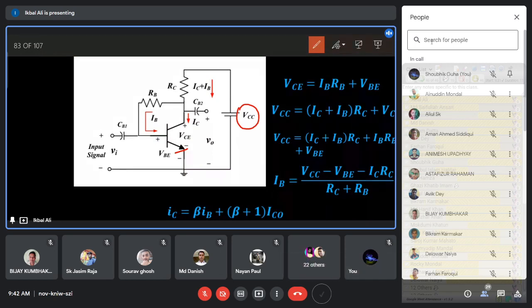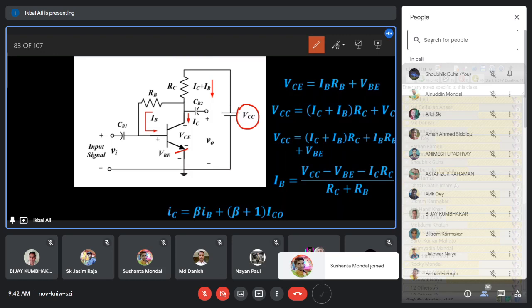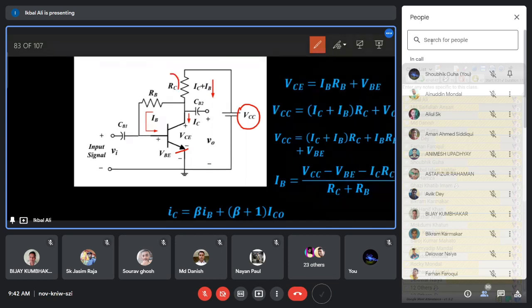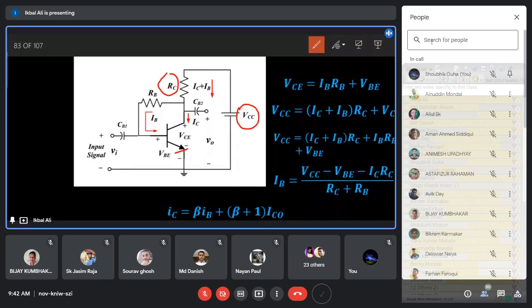There is no emitter resistance; it is directly connected to the ground of the circuit. The RC resistance has one end directly connected to the VCC positive terminal, and the other end connected to the collector of the transistor.